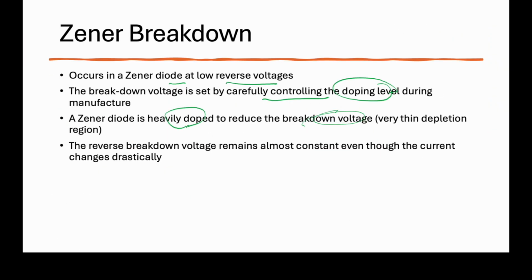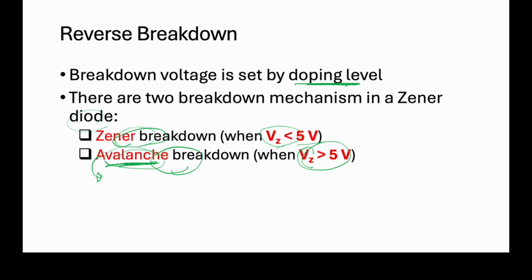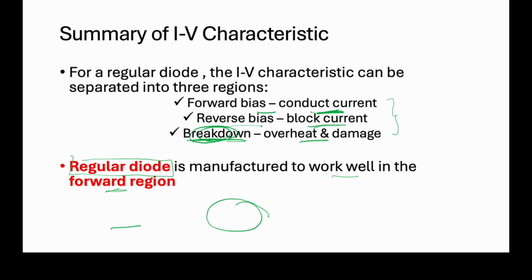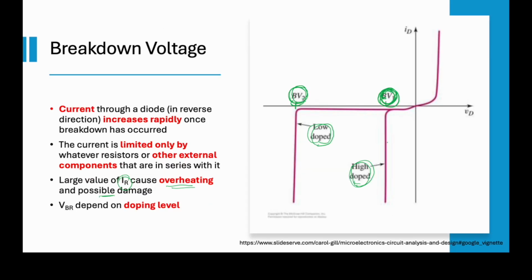Okay, back to the slide. This makes the Zener diode have a very thin depletion region, so the reverse breakdown voltage remains almost constant even though the current changes drastically. We can see here in the graph, you can see this is almost a straight line.